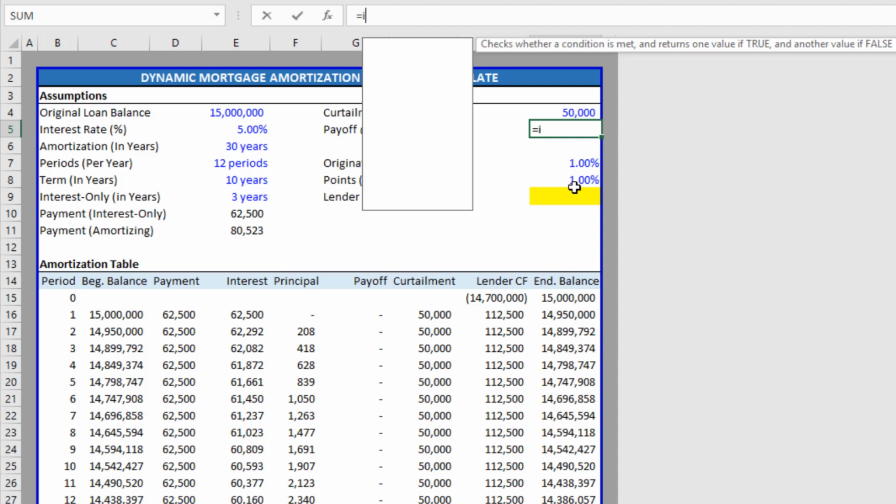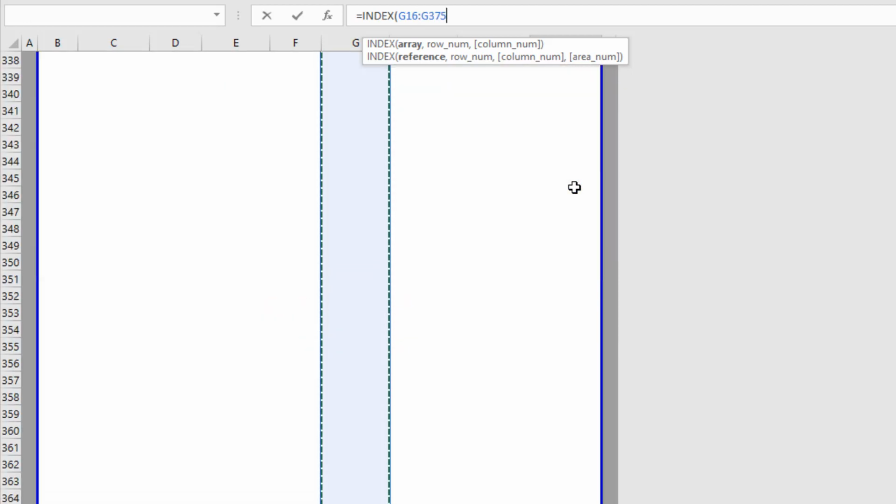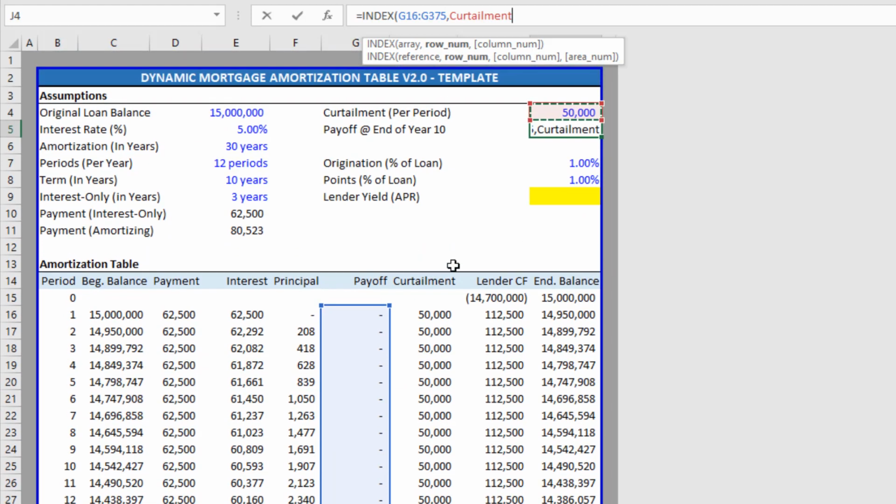Now, in some cases, you may want a different formula. So here you might use INDEX. And INDEX is going to go and find one or more cells. So in this case, we just simply say, let's take the index of this entire section. And then it asks, what row number would we have here? And the row number is equal to what?